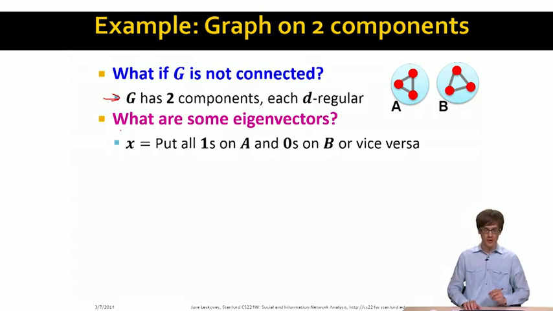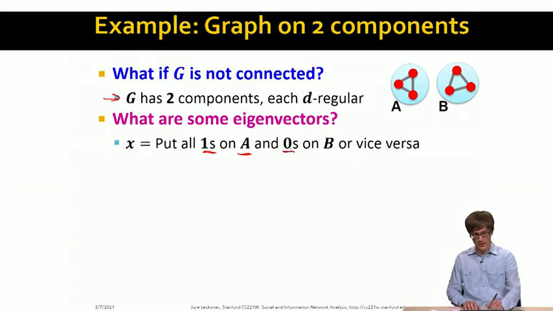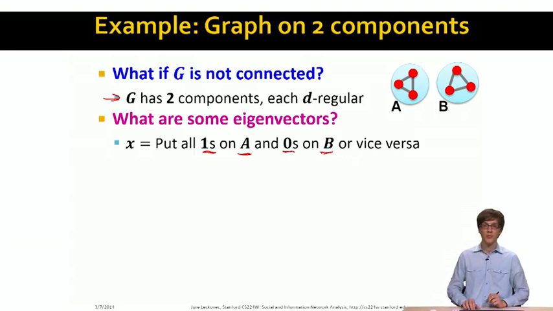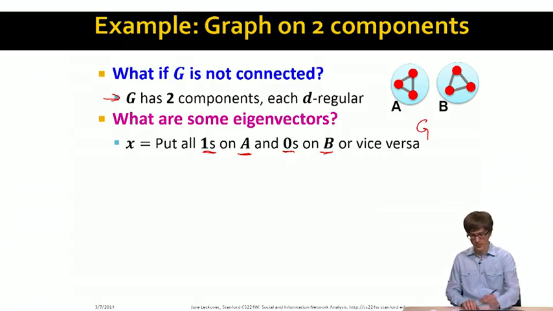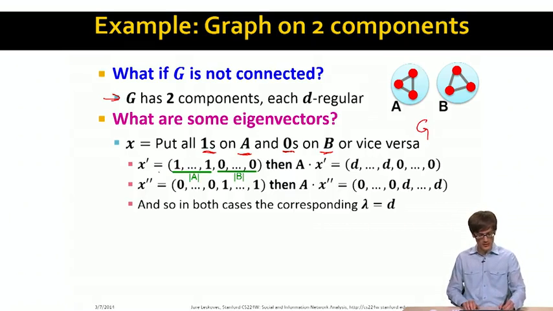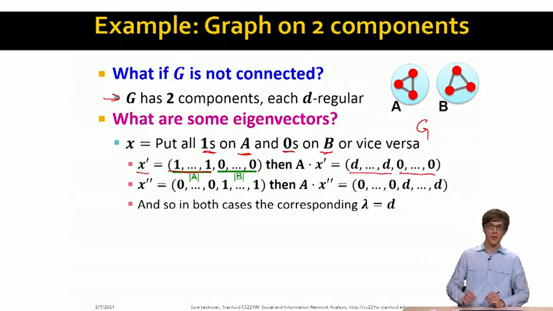We can use the intuition from the previous slide: let's put all the values of 1 on all the nodes in component A, and all the zeros on the nodes in component B in our graph G. If we try the vector x prime that has entries with value 1 for all the nodes in A and entries of 0 for all the nodes in B, then multiplying A times x gives a vector with d for the nodes in A and all zeros for the nodes in B. In A, all the nodes have entry 1, so when I sum them up, I get the value d.